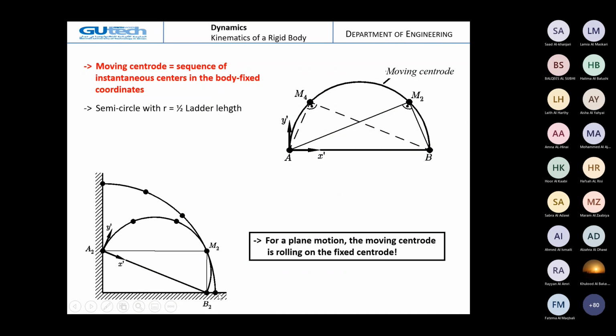But if someone is sitting in the fixed local coordinate system, we see it's describing this circle. So this arc will touch, at each time, this moving center out here.